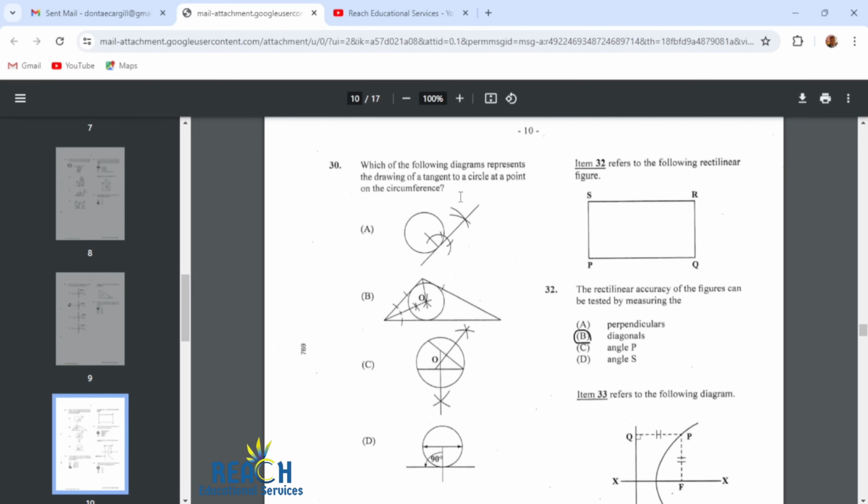Which of the following diagrams represents the drawing of a tangent to a circle at a point on the circumference? So a tangent to a circle at a point on the circumference. Let me see here.